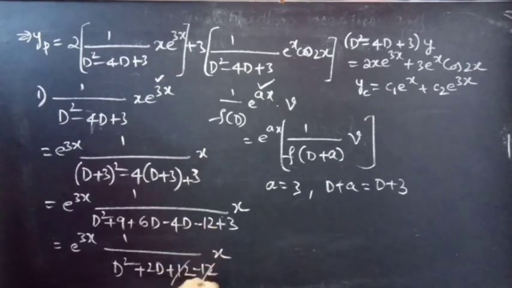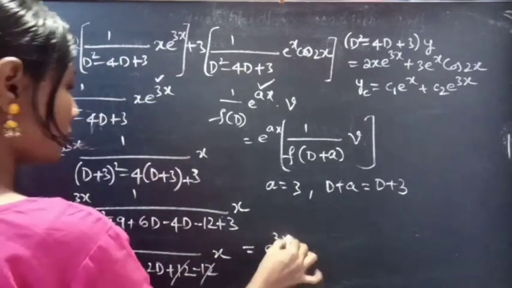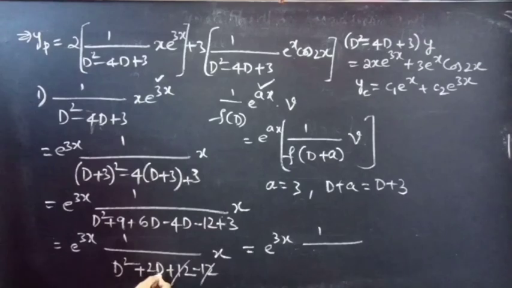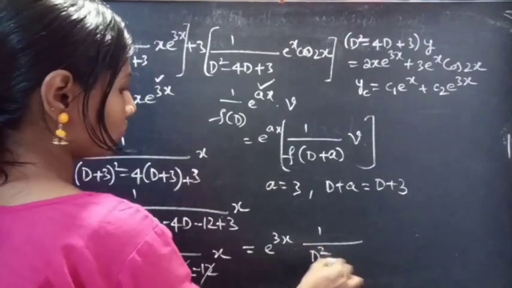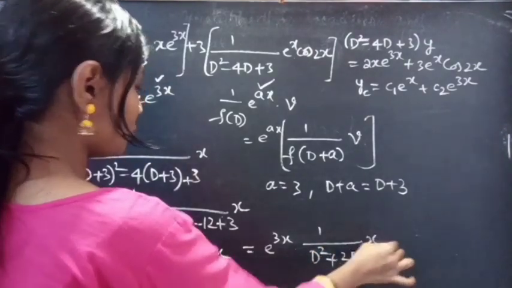Here plus 12 minus 12 gets cancelled, and you'll get e power 3x into 1 by D square plus 2D into x.